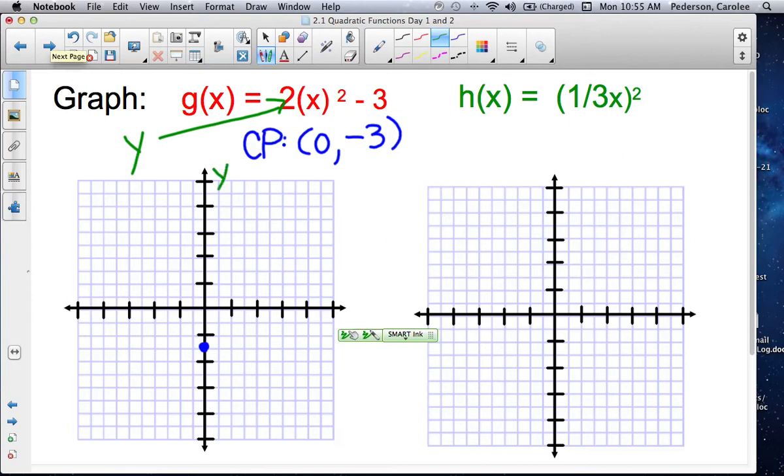It's going to increase them by a multiplier of 2. So normally we would go up 1, but we're going to go up 2 instead. Then for the next right 1, left 1, instead of going up by 4 from the vertex, we're going to go up by 8. So now we'll be at 2, 5 and negative 2, 5.